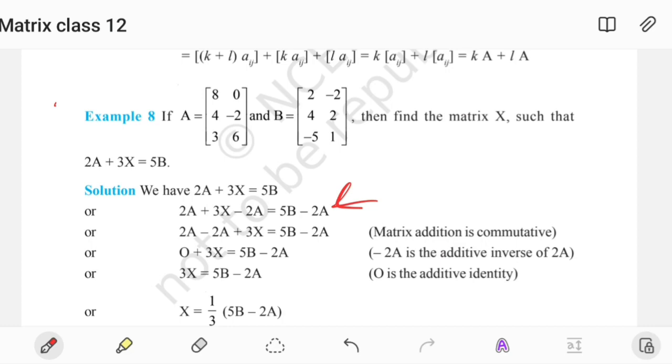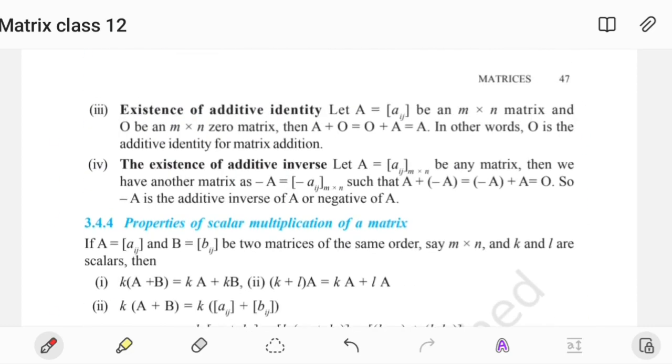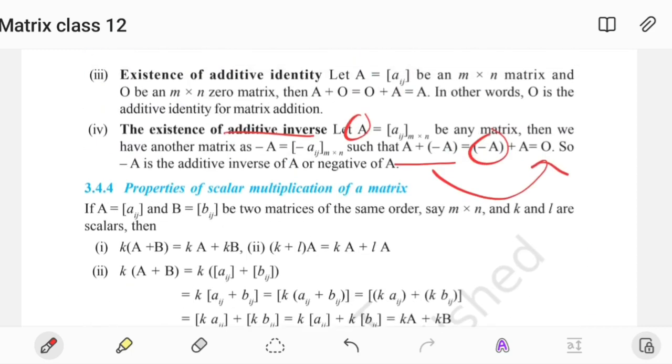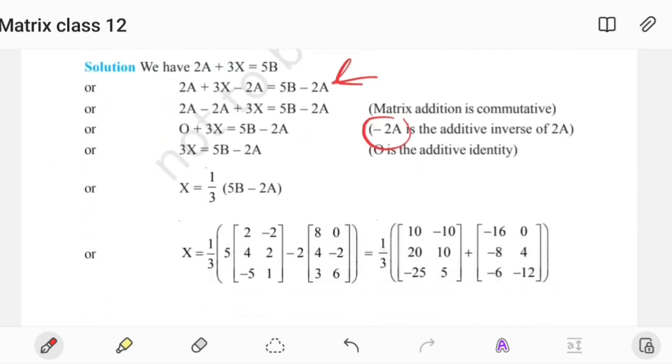Now since we have seen here that for a the additive inverse is minus a, and when I add a with minus a, what I get is 0. That is the identity. This is not actually the number 0, but this is the notation to denote the identity matrix or zero matrix.